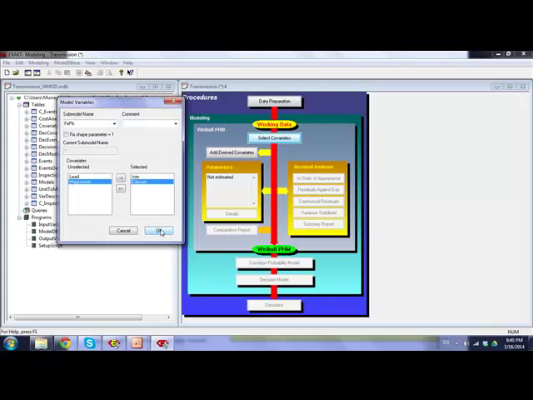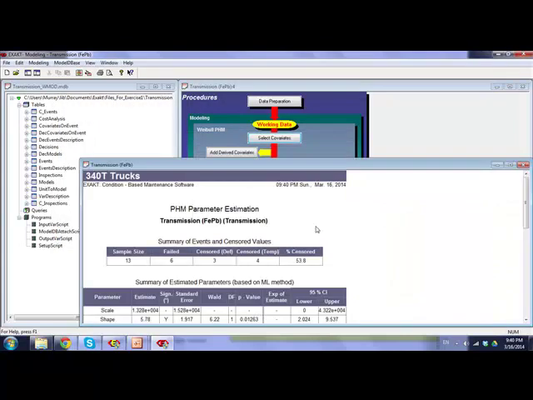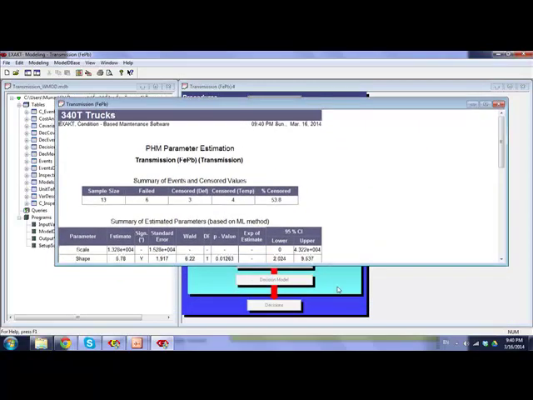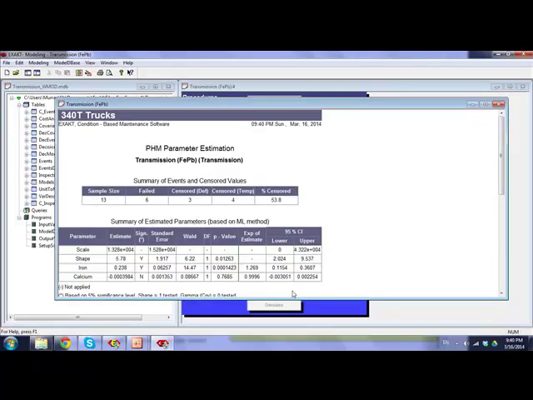Dismiss the convergence warning, which is normal for small data sets, and examine the report. Check the column SIGN, short for significance, Y for yes, or N for no. Note that the shape, that is the age, and iron parameters are significant, but calcium is shown not to have any influence on failure probability.